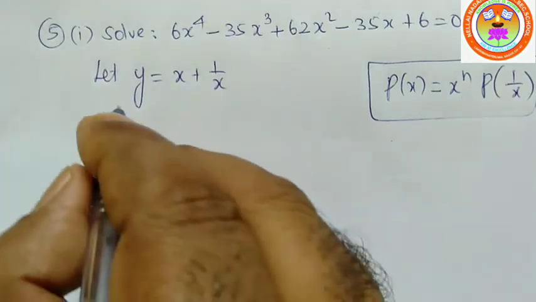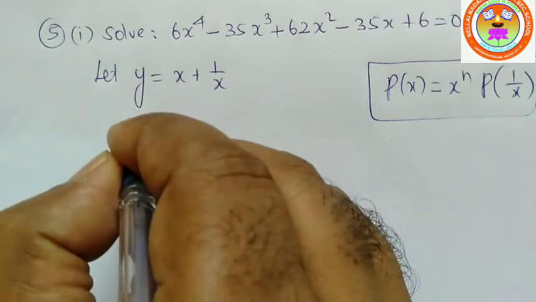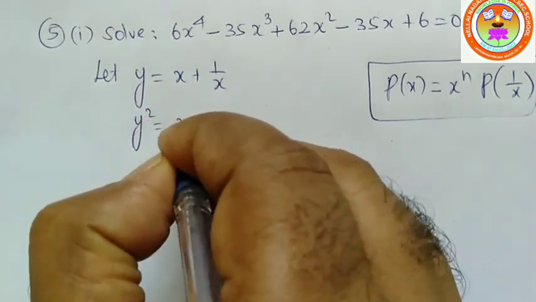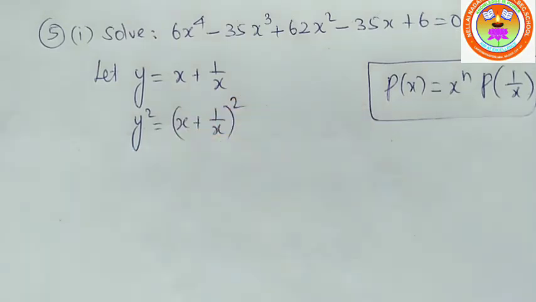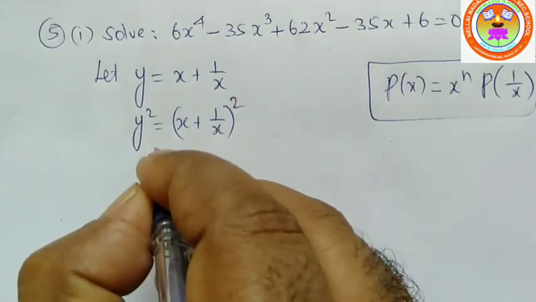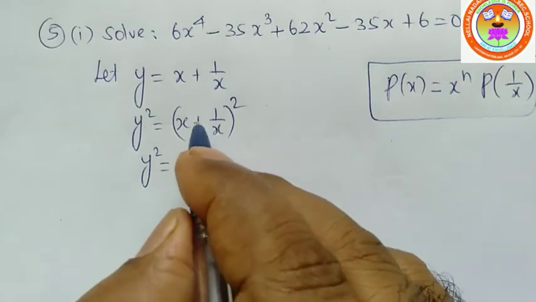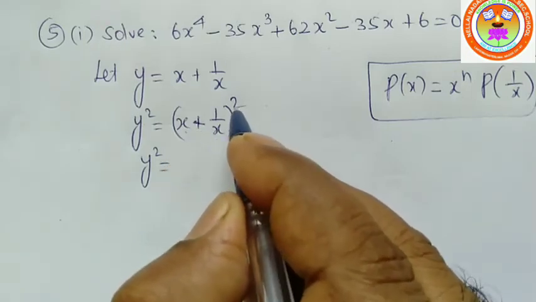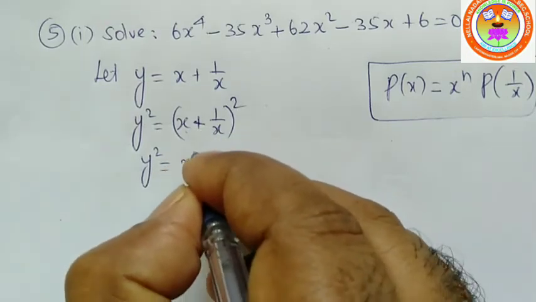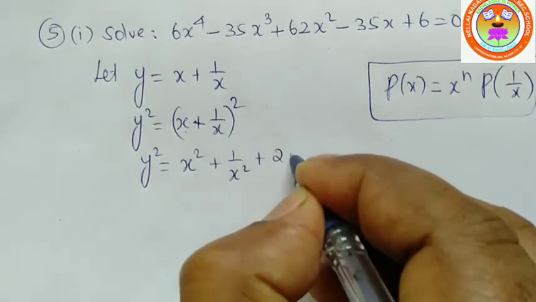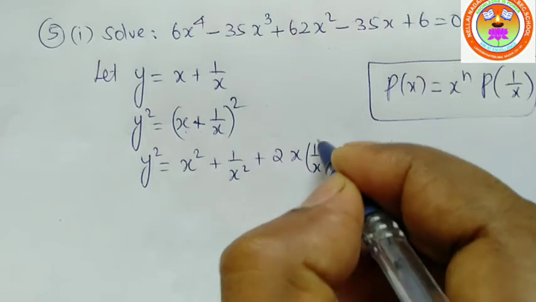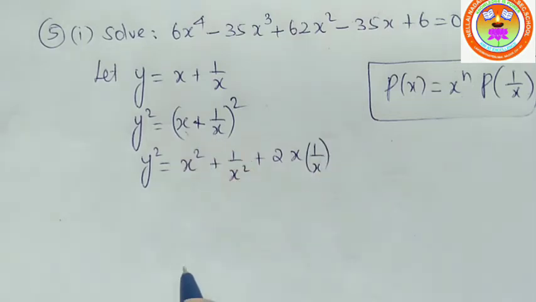So squaring on both sides, we will get y square is equal to x plus 1 by x the whole square. It is in the form a plus b the whole square, so a square plus b square plus 2ab. A means x, b means 1 by x.